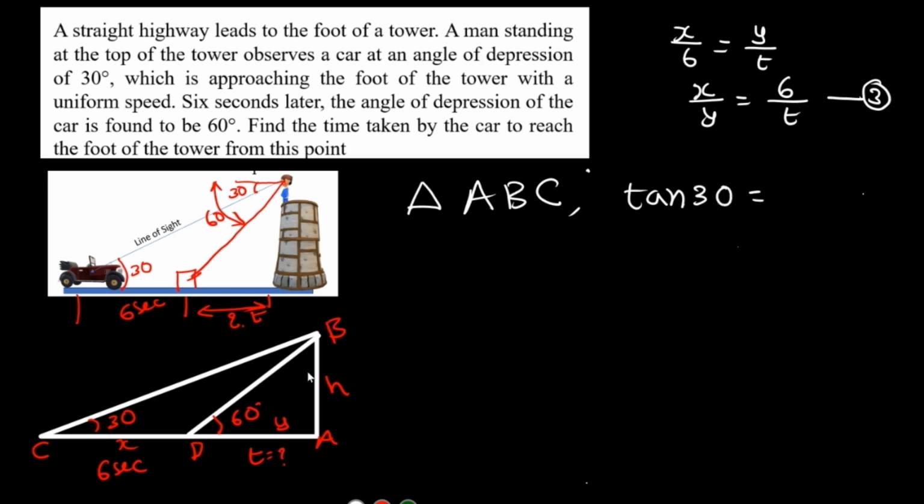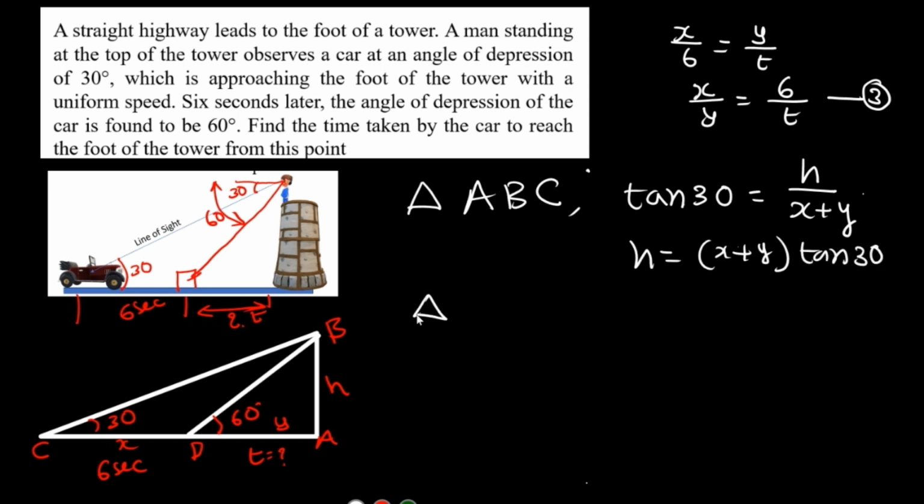The side opposite the 30 degree angle is BA, which is the height of the tower, divided by the total distance AC. We don't know AC, but we know C to D is X and D to A is Y, so the total distance is X plus Y. From the equation, H equals X plus Y into tan 30.